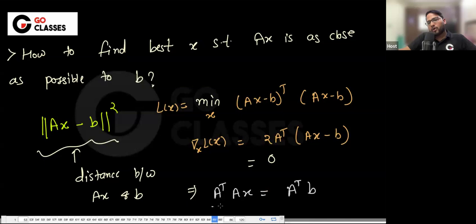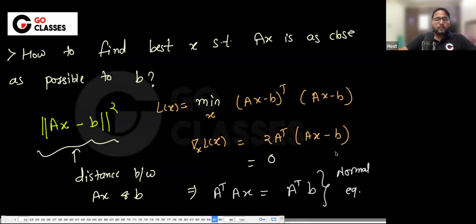The cheat way of achieving this particular equation, which is also called the normal equation, is you just multiply a transpose on both sides. We will talk about the normal equation later on. But if you minimize this loss, you will get a transpose ax equal to a transpose b.